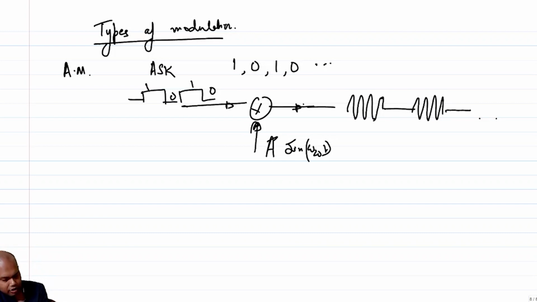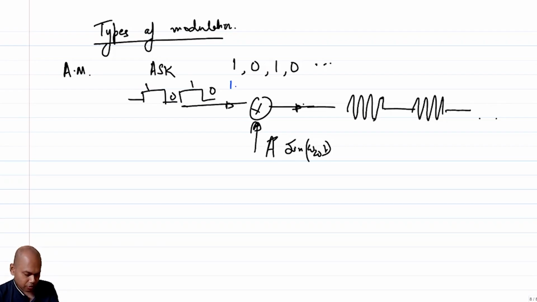Now this is what I showed for 1 bit. If you want to modulate with 2 bits or multi-bit, then this will have different amplitudes. Need not necessarily be 1, 0. You can have combinations of 1, 0, 0, 1, 1, 1, 0, 0 and so on, right? So this is while sending 1 bit. We could have sent multi-bits at a time.